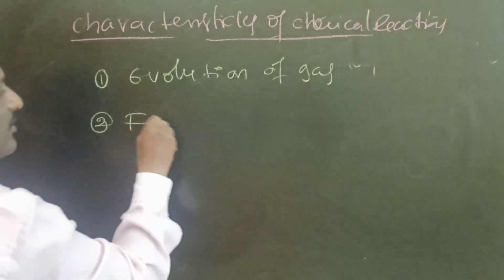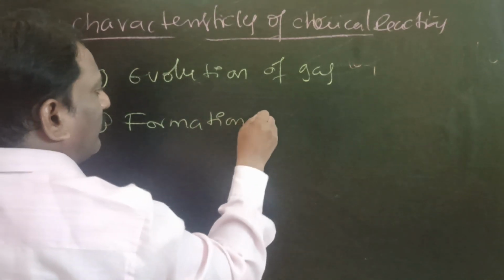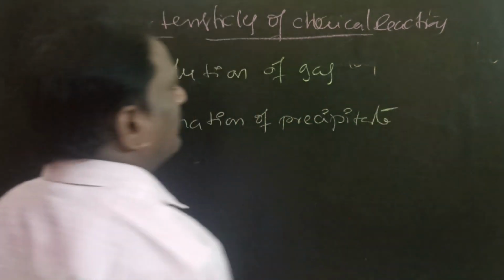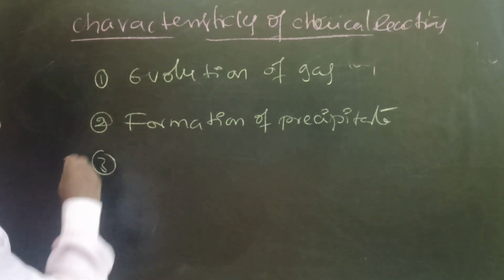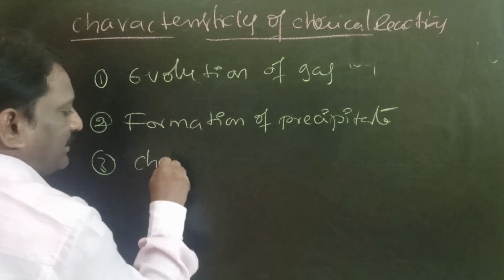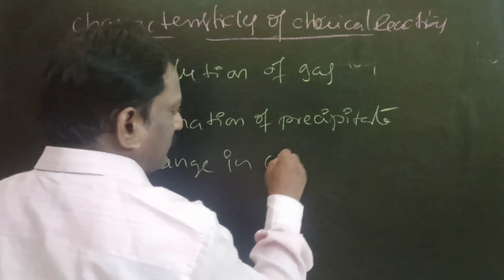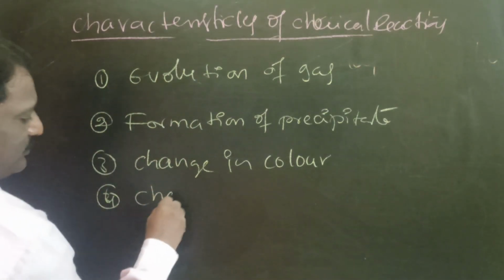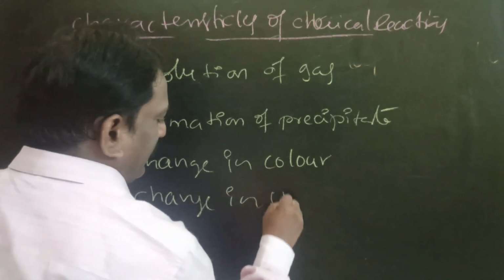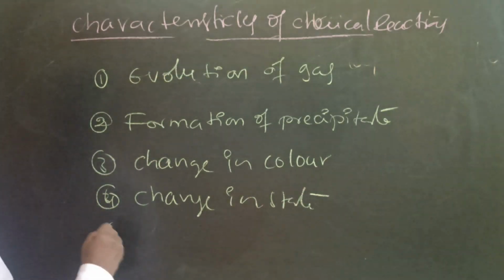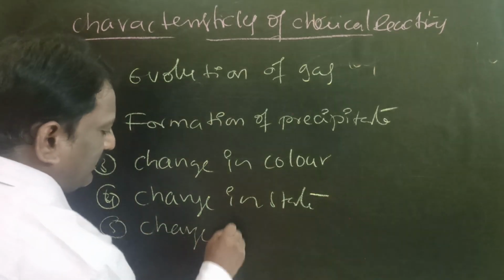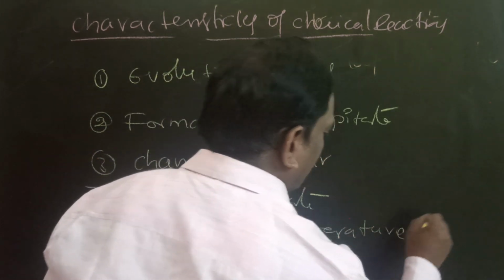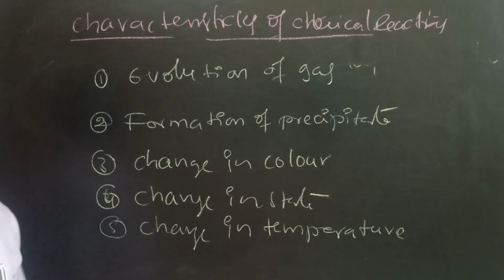Second one is formation of precipitate. Change in color. Change in state. Change in temperature. Characteristics of chemical reactions.